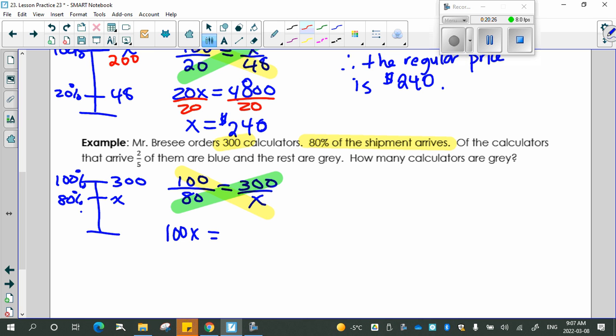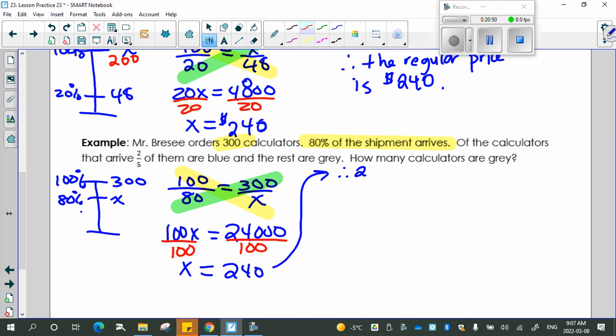That's why I was asking if people did it a different way. $240? All right, so far we know that 240 calculators arrive. So from doing the first proportion, we know that at the school now are 240 calculators.